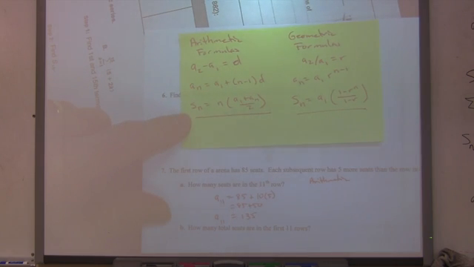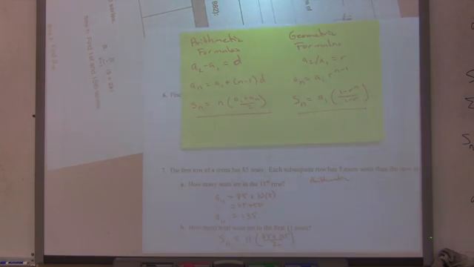And now we use the sum formula to find out the total seats in the first 11 rows. So S sub 11. So we get 11 times a sub 1, which we now know is 85, plus a sub 11, which is 135. And we divide that by 2.